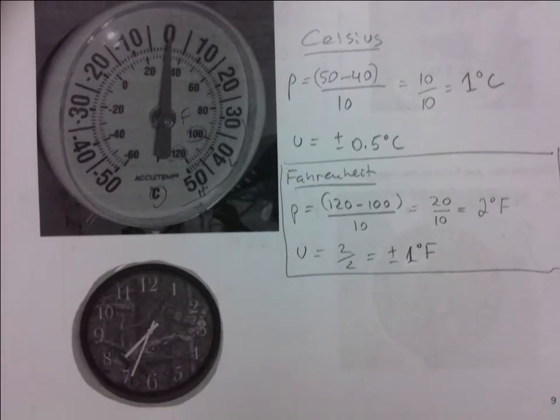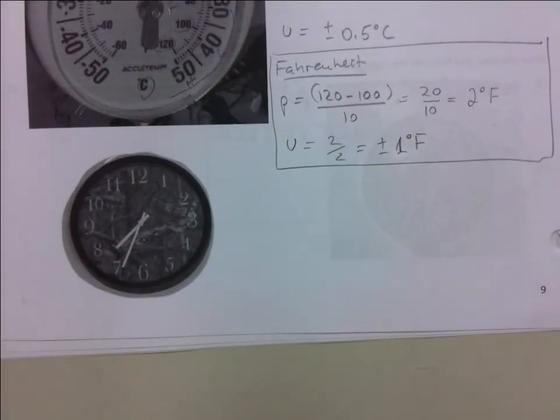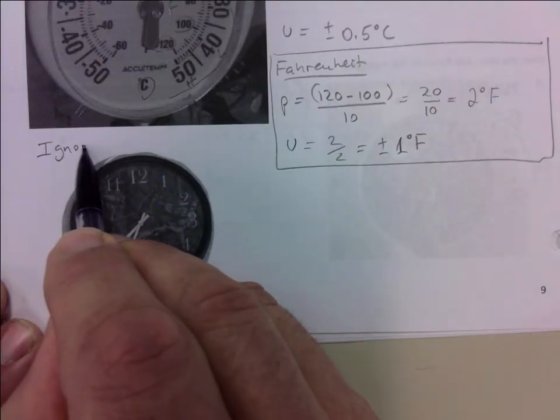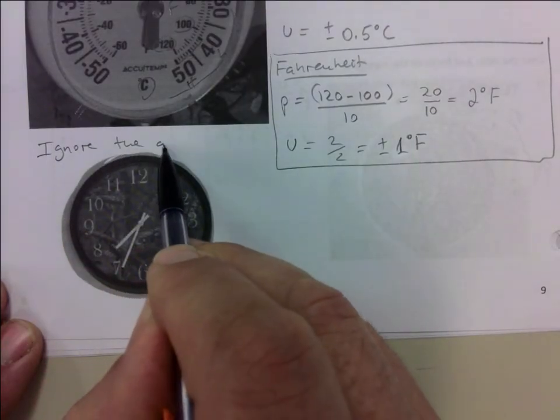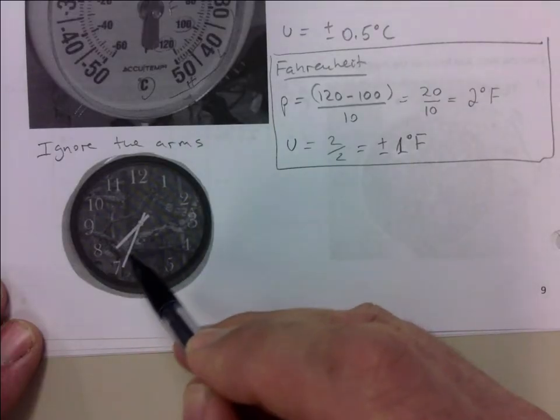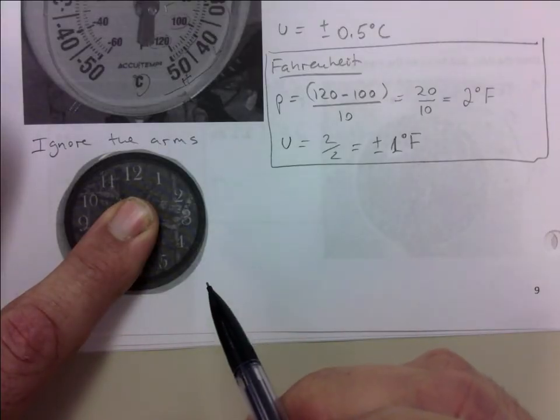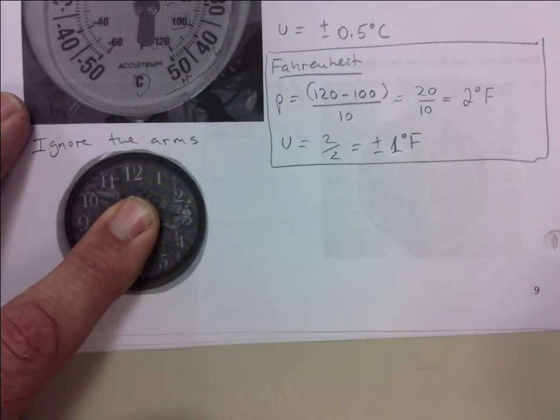This one is a little controversial. Can I just ask you to add something to this? Ignore the arms, okay? Or the dials. Ignore that. What is the smallest increment here?